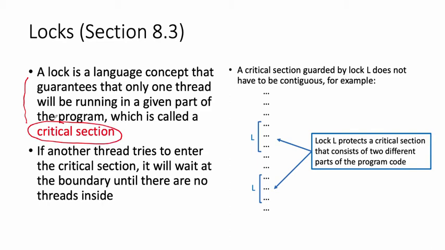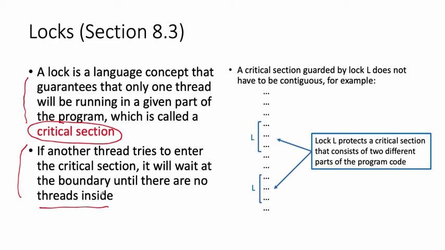So you guarantee that only one thread will be inside the critical section at any time. So if a second thread is running and tries to enter the critical section, at the boundary, it will stop. It will wait at the boundary until the thread inside leaves.